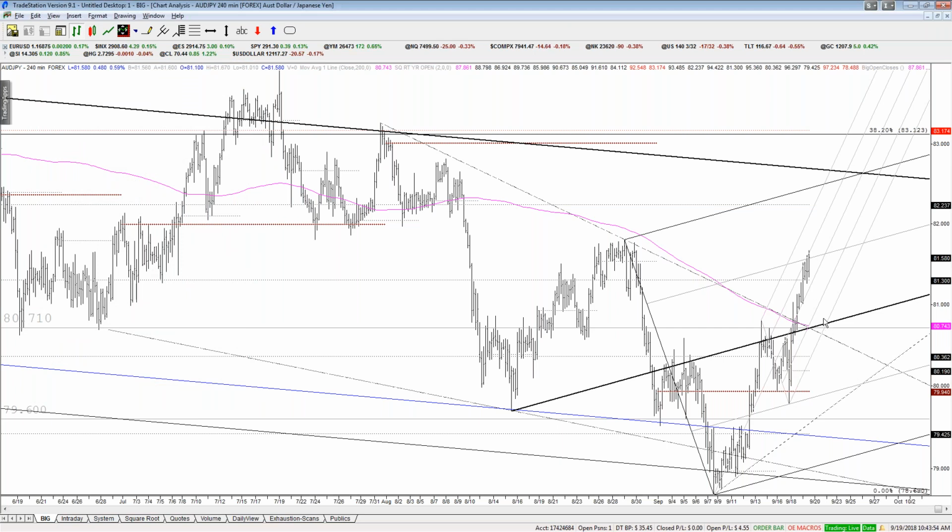If you can get a pullback and get back to that center line, which would also be this shorter term fork, also the top side of this trend line, also the 200 average on the 4-hour chart, then you would have four things there for massive support, and I think you'd probably be up to the 82-70s in short order. So this is where I want to trade, and this is where I'd want to take profit.